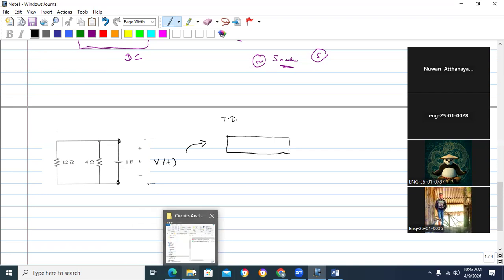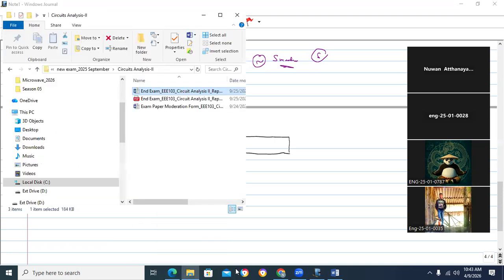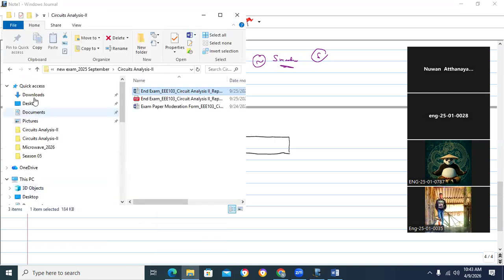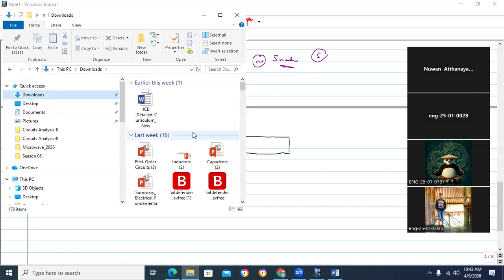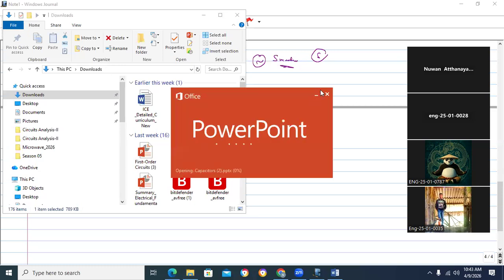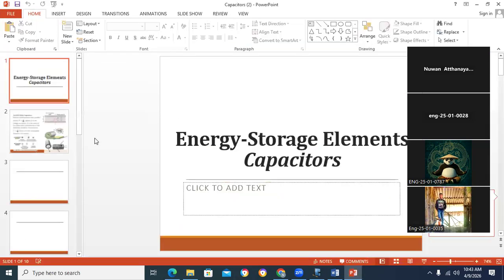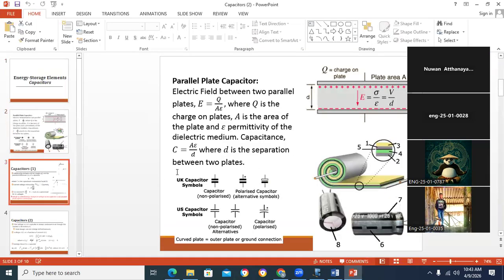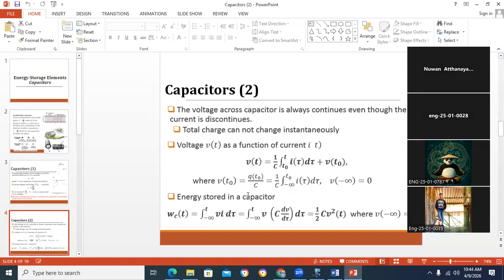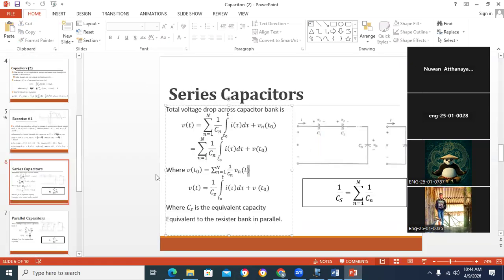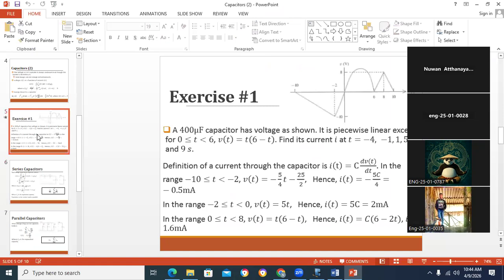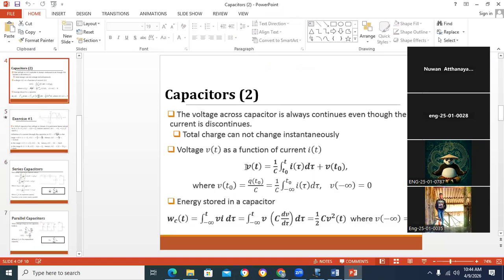Just try to do this. I will give you around 5 minutes. Okay. So this is the voltage across the capacitor.